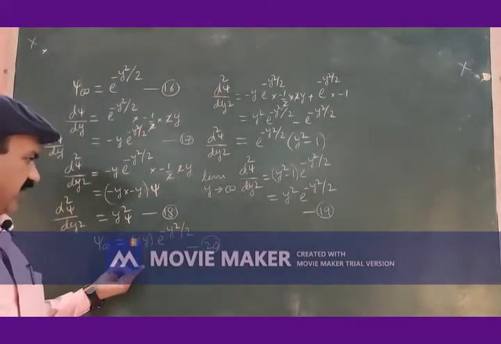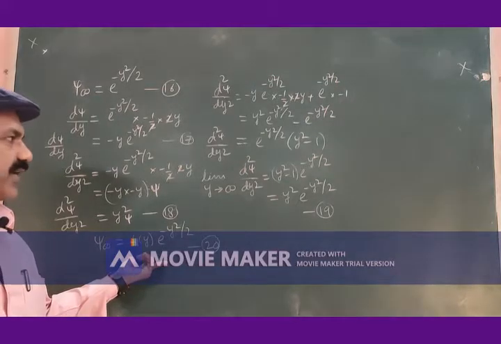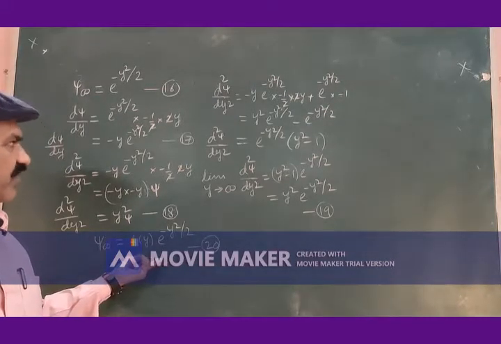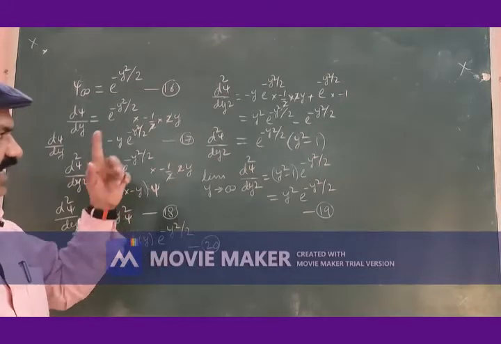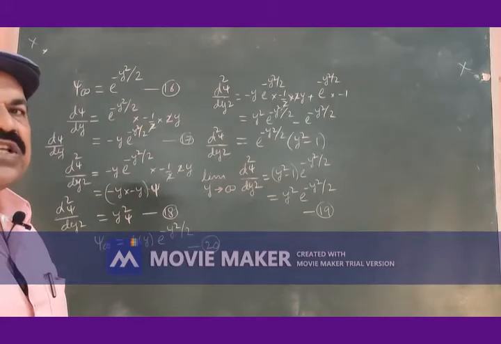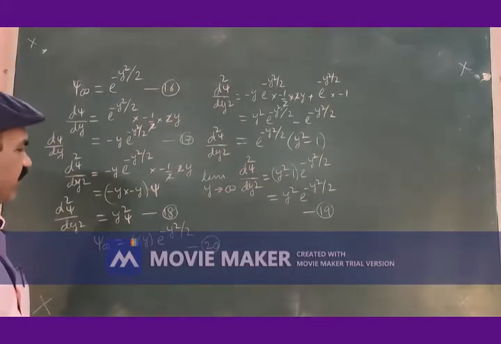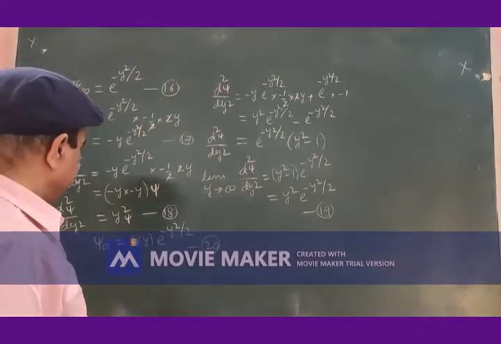Let us see what will happen if we take such a type of asymptotic form of wave function psi. If we take this form of asymptotic wave function psi, equation 13 may be further modified. Let us see how equation 13 gets further modified.